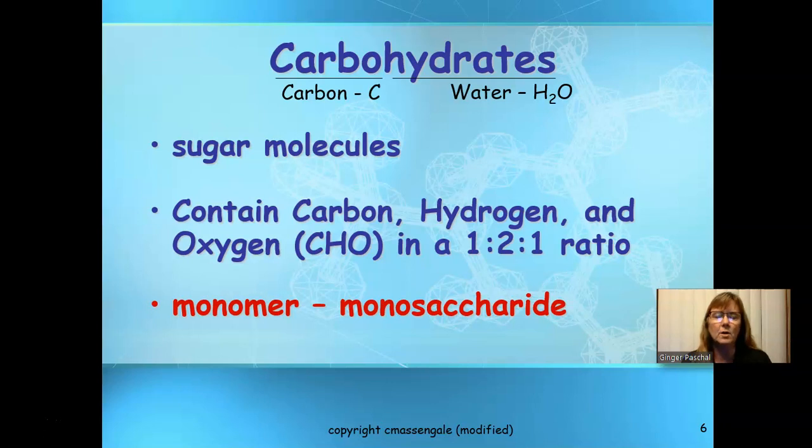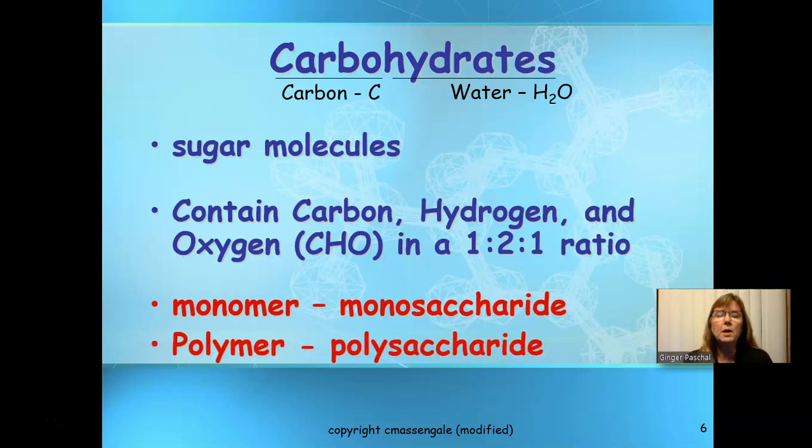A monomer of a carbohydrate, or that single unit of a carbohydrate, is called a monosaccharide. Mono meaning 1, saccharide meaning sugar. If you put a bunch of those monosaccharides together, you chemically bond them together and have a string of them, you end up with a polymer, or specifically for carbohydrates, you end up with a polysaccharide.